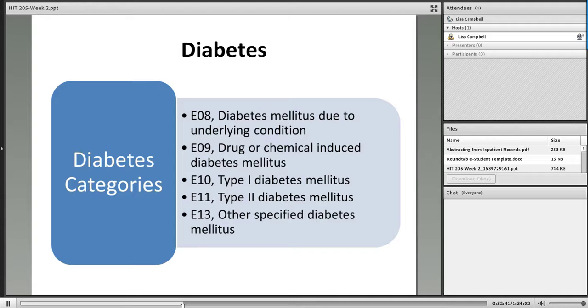One of the things that is very important: after you go to main term diabetes, you must go to the correct type. And I'm going to explain to you why. If you look at diabetes due to drug or chemical with a cataract, that gives you E09.36. But if you go to diabetes due to underlying condition with cataract, it gives you E08.36.